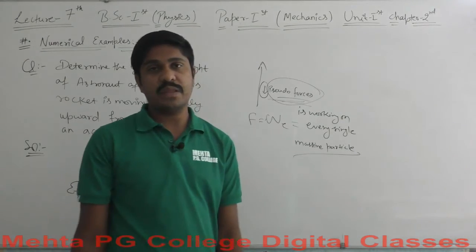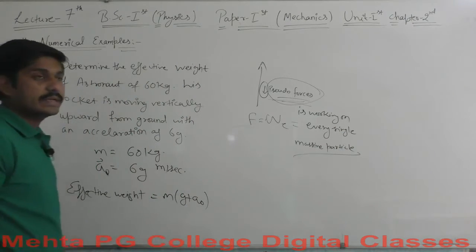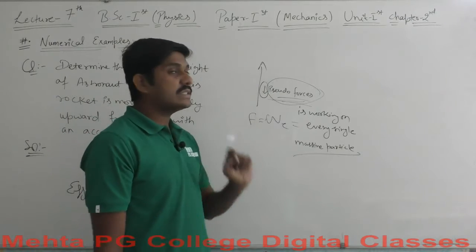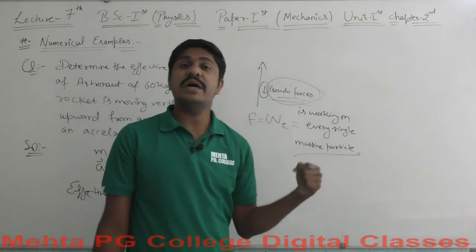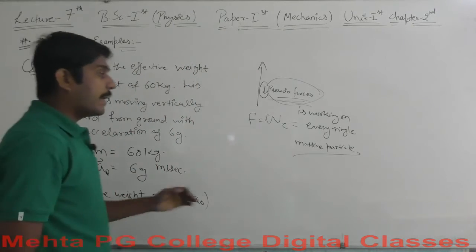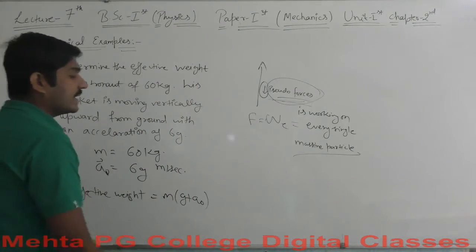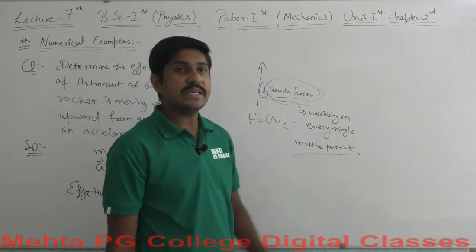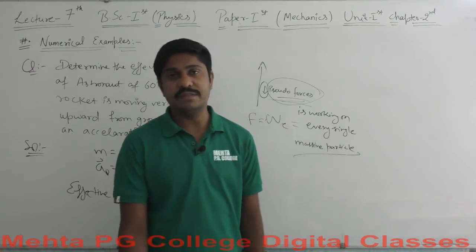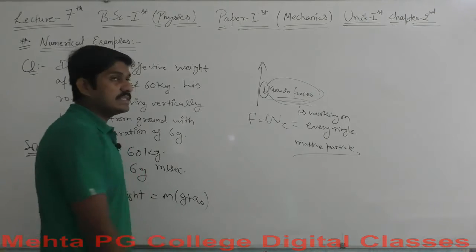The rocket is moving upward with an acceleration of 6g, and the gravitational pull will be added to it, because this time the pull is against the gravity, not towards the gravity. When going towards the gravity, this term can be written as minus g, but in the opposite sense the minus g gets another negative sign, and negative negative becomes positive here. So that's why the effective weight will be equal to mass into (g plus a).